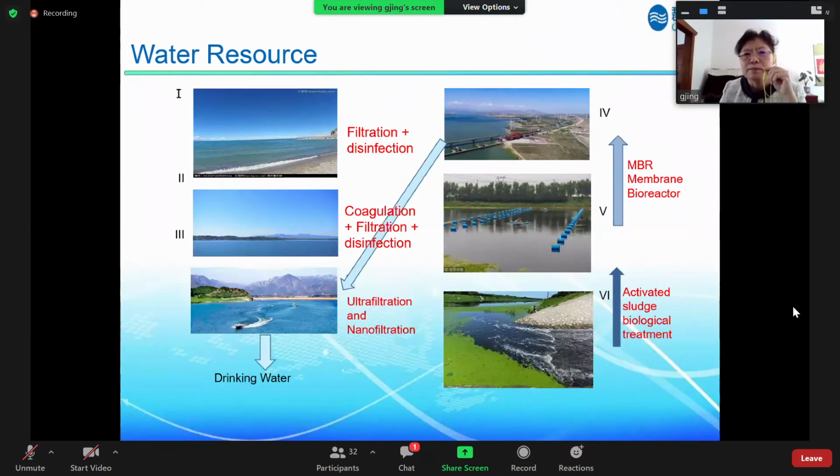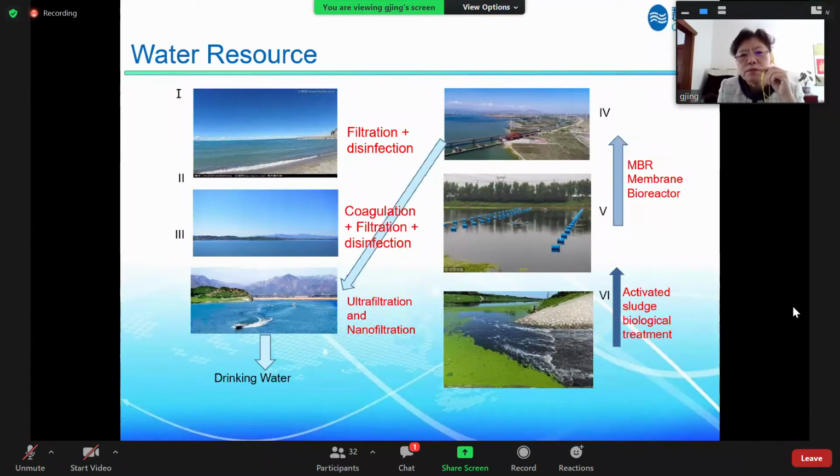On the right-hand side, levels 4, 5, and 6 are polluted and contaminated, and we need to do wastewater treatment. For example, for level 6, we definitely can't use this water for any purpose, so we have to treat it.